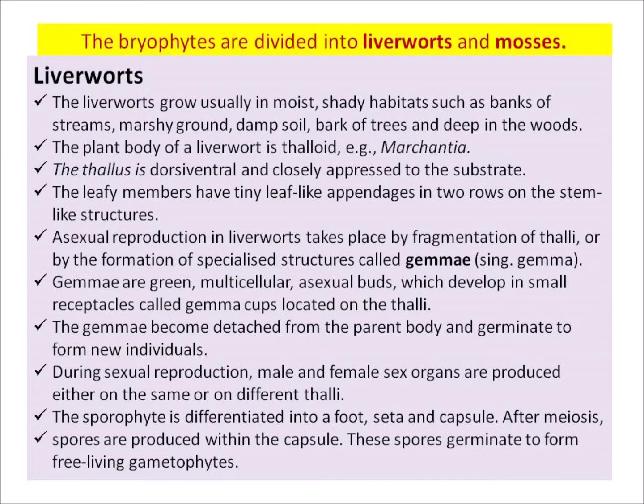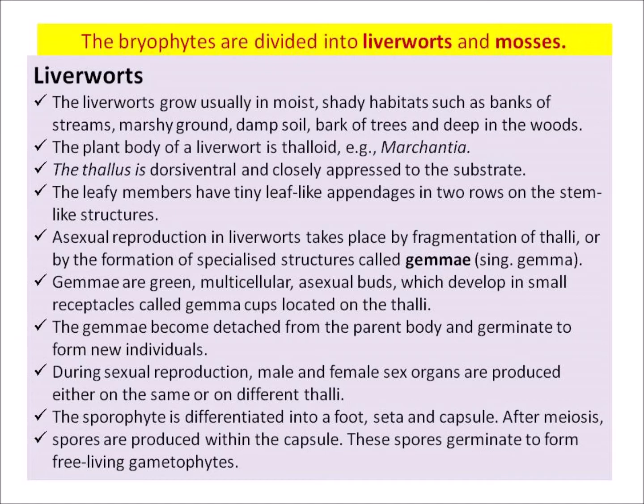Asexual reproduction in liverworts takes place by fragmentation of thalli or by the formation of specialized structures called gemmae, singular gemma. Gemmae are green multicellular asexual buds which develop in small receptacles called gemma cups located on the thalli. The gemmae become detached from the parent body and germinate to form new individuals.